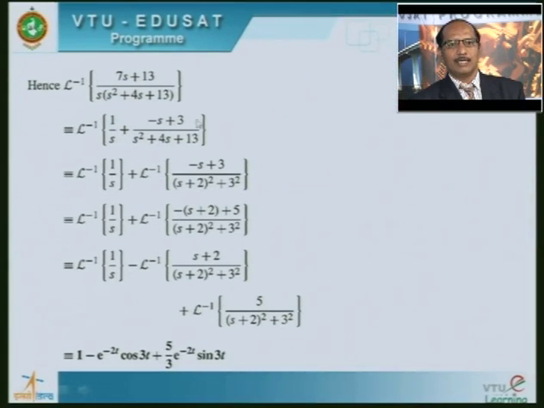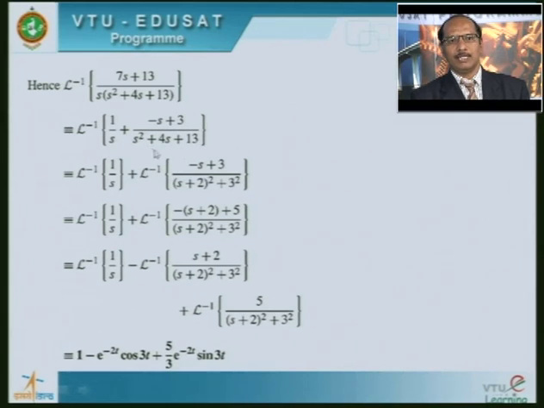Now, while calculating the inverse, the first term is simple: the inverse of 1 upon s is 1. See the second term, minus s plus 3 divided by a quadratic factor. As per the completing square method, you can always write the complete square for the quadratic term.